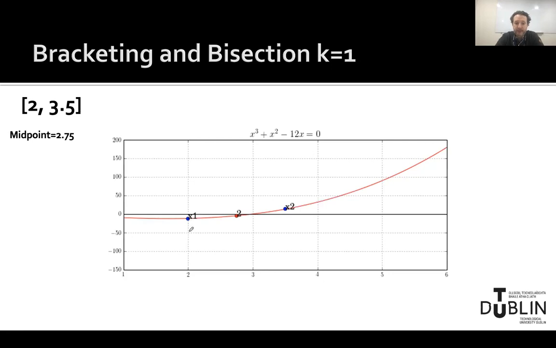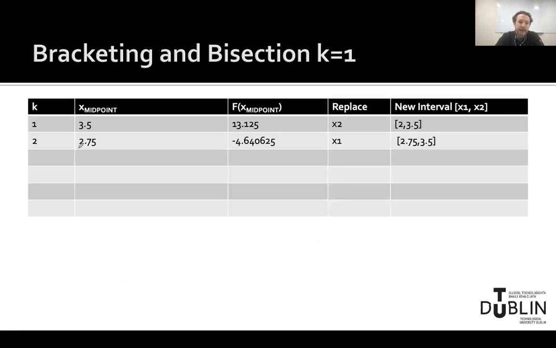That's f of 3.5 there, f of 2 here, and now we have our interval. And we find the midpoint again. Our midpoint here is 2.75, and we see, is the f of that above or below the line? F of 2.75 is minus, so that means we get rid of the 2 and replace it with 2.75.